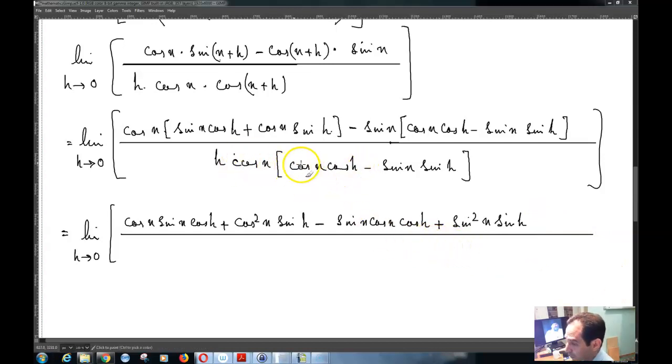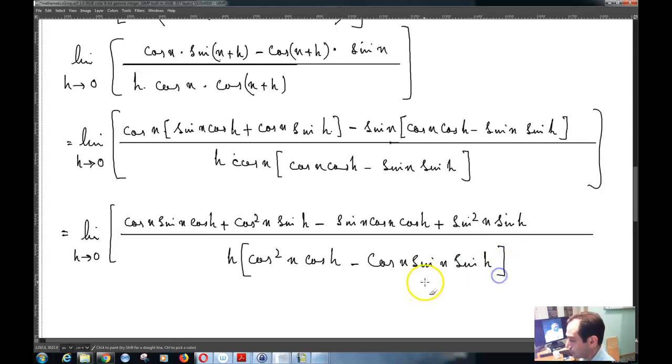And then over here you have cos squared x. Over here you have h times cos squared x cos h minus cos x sin h, and h times this whole thing.